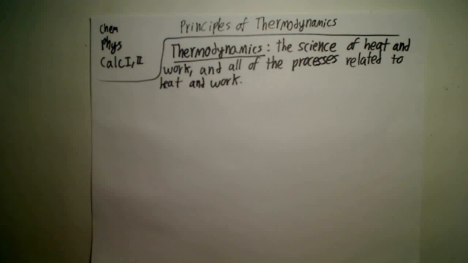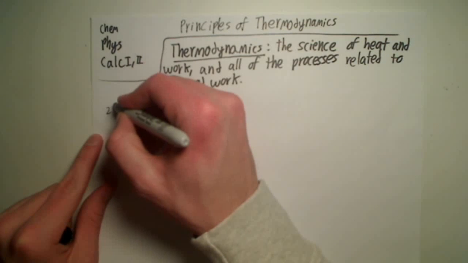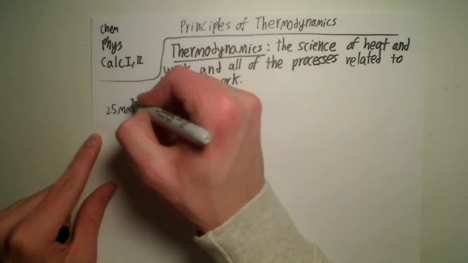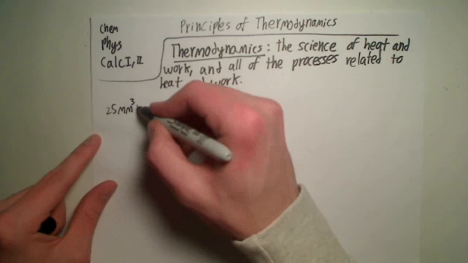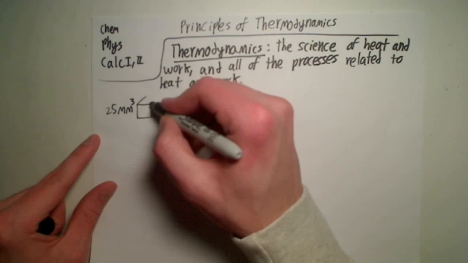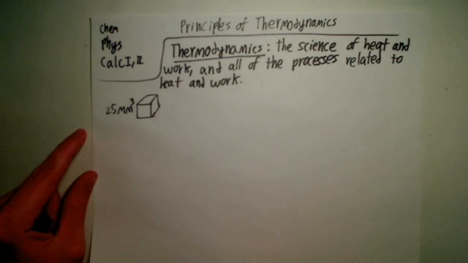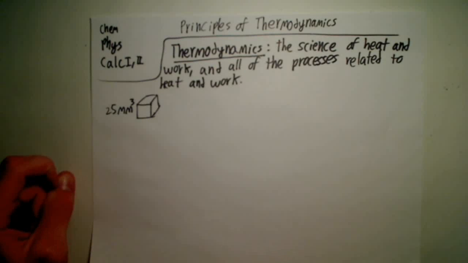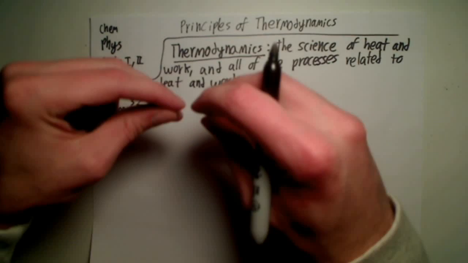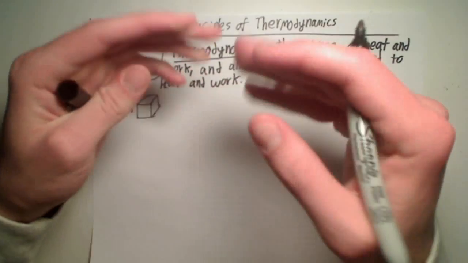So I'm just going to begin talking about how we would look at things. So first, I would like to propose to you a 25 millimeter cubed block. And this block is made up of some monoatomic noble gas, in which particles don't impact each other.